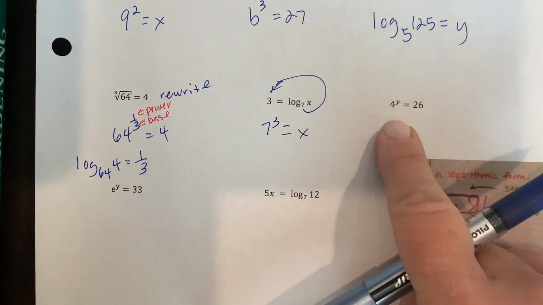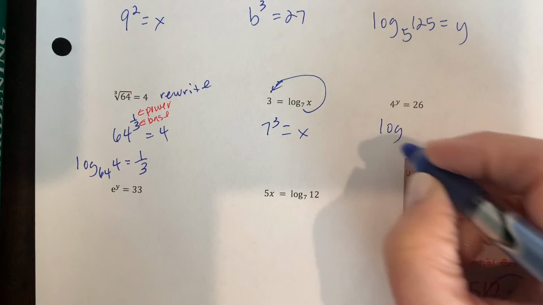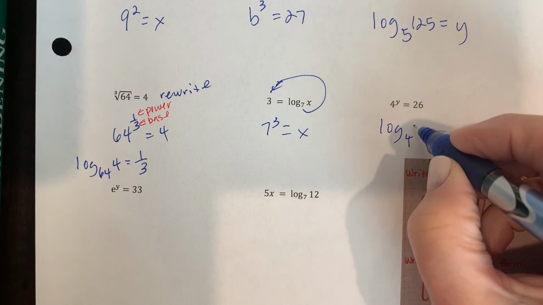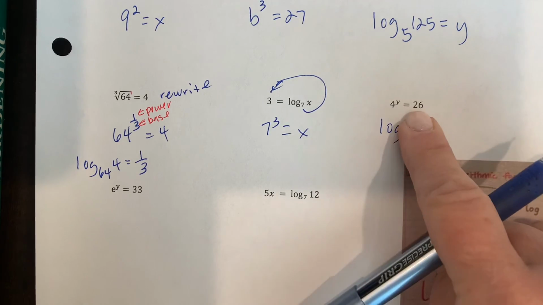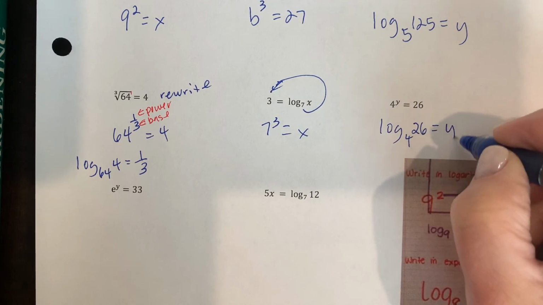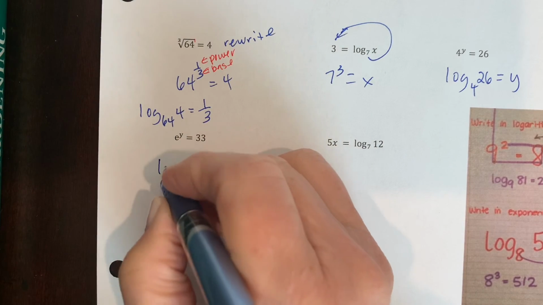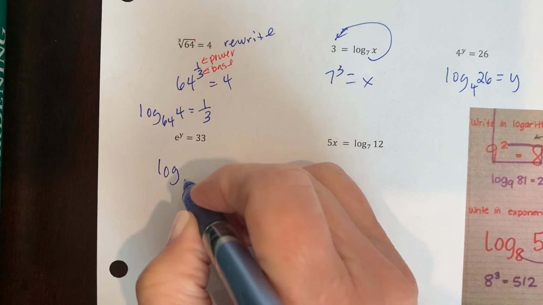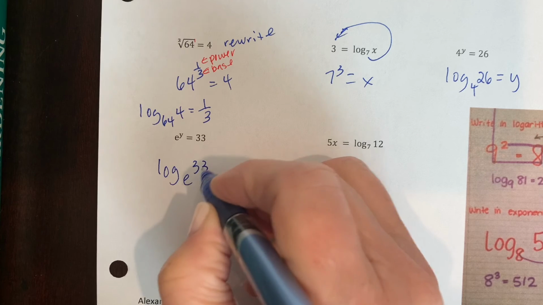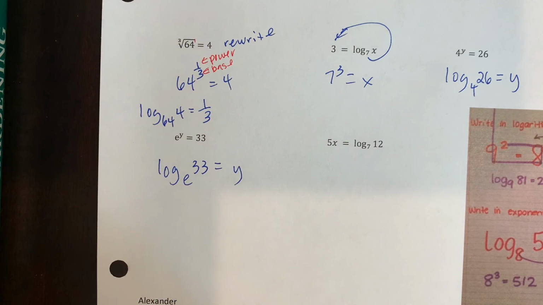Then this one is log, whatever your base number was, whatever your argument was, and then the power was y. Then this one, log to the base e of 33 equals y.